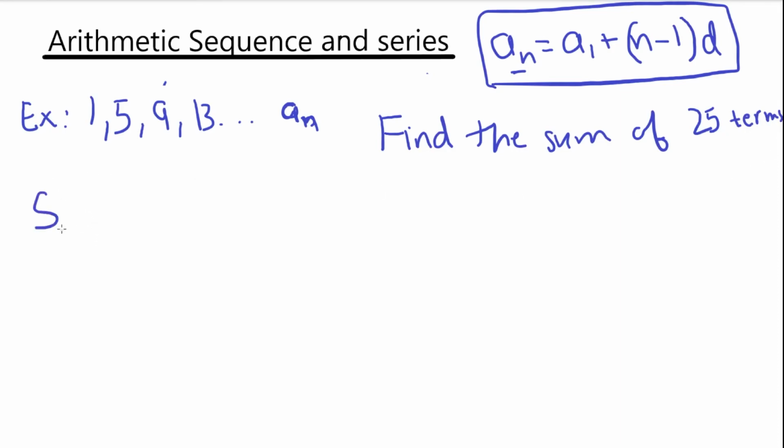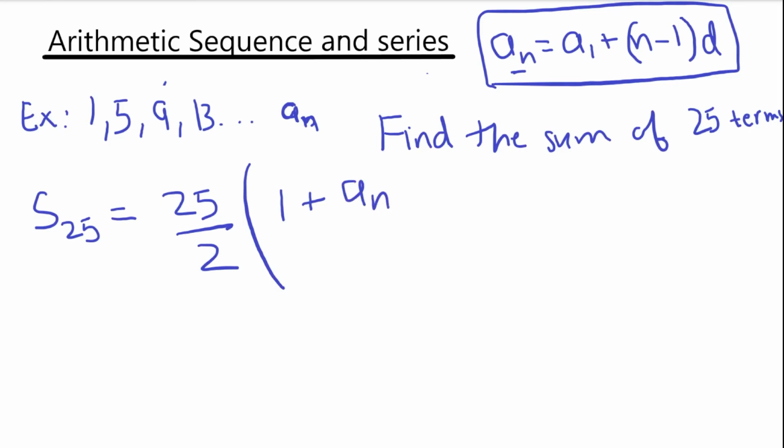So S of 25 will be equal to n, which is 25, over 2 multiplied by a1, which in this case is 1, plus the nth term. But in this case, we will replace it with the 25th term given by the formula. This will be 1 plus 25 minus 1 multiplied by d, which is given by 5 minus 1, which is 4.